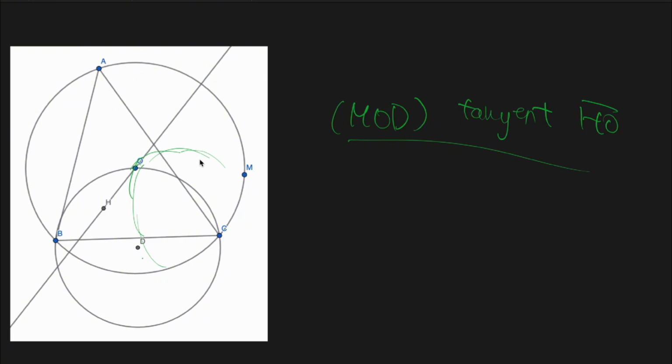To prove that MOD is tangent to HO, obviously one thing we can think about is angle chasing, and the other thing is power of a point. But power of a point doesn't seem to work very well here, so maybe we want to do a bit more angle chasing. For example, if I connect this, we just want to show that this angle is equal to this angle, or that angle equals this angle.